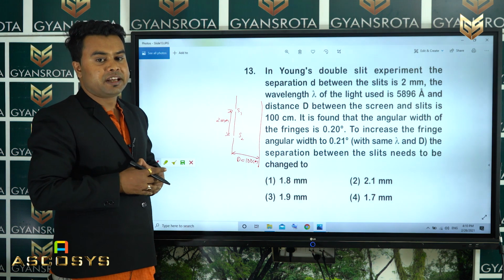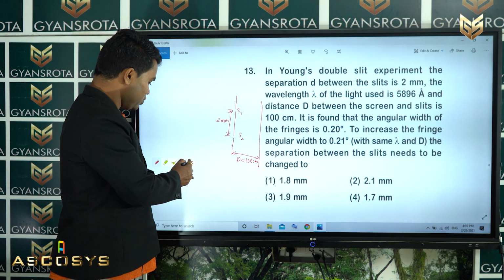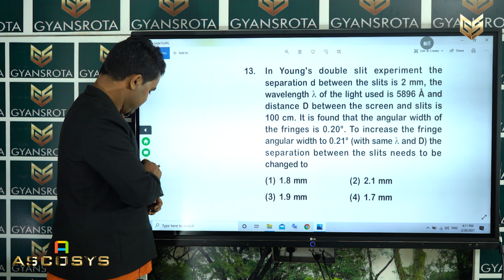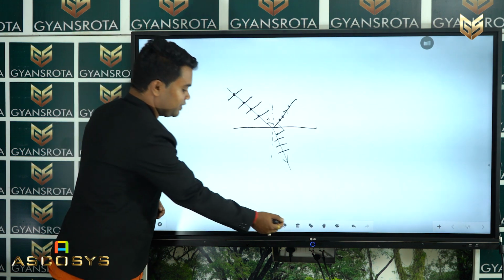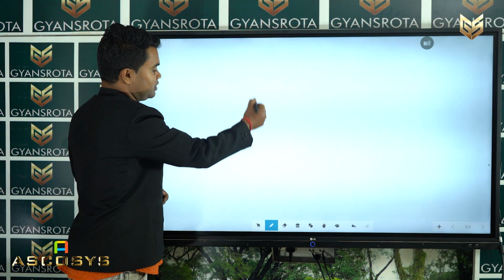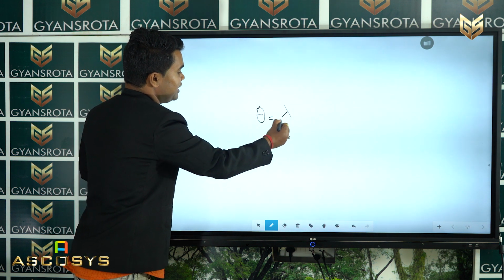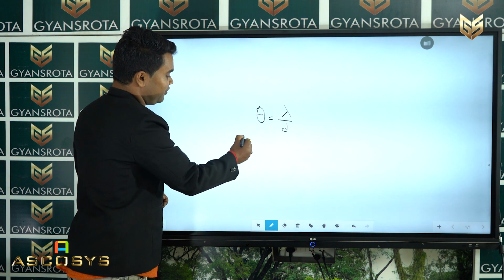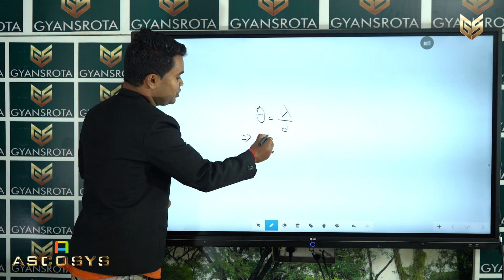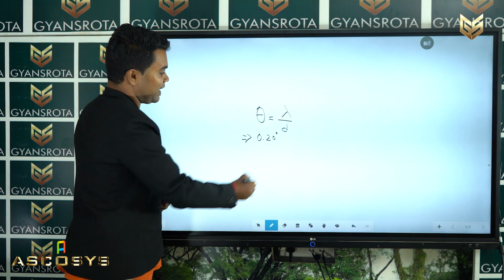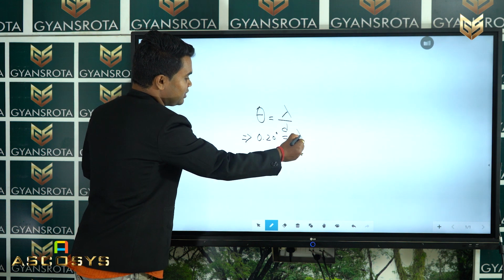Okay. Here the angular width is given. As we know from the formula, angular width is given by, see, theta is equals to lambda by d. At first theta is 0.20 degree and lambda is given to us, how much?